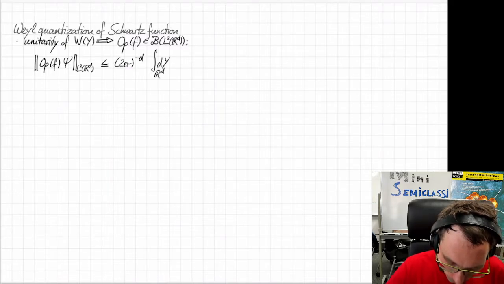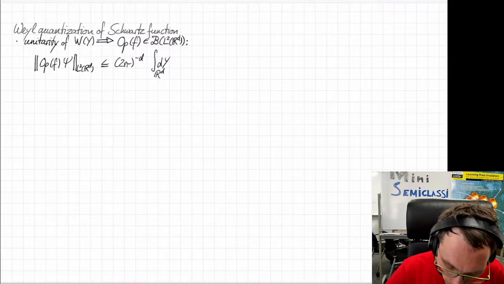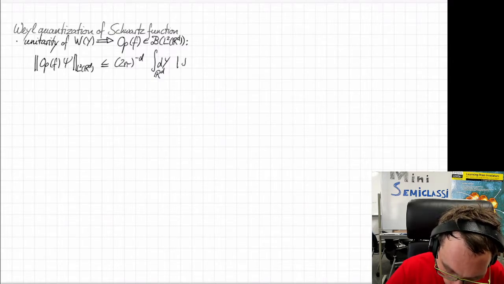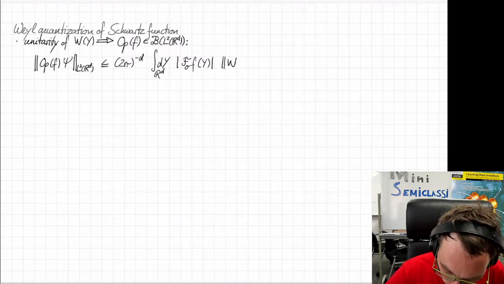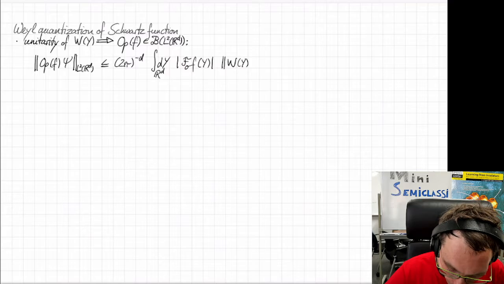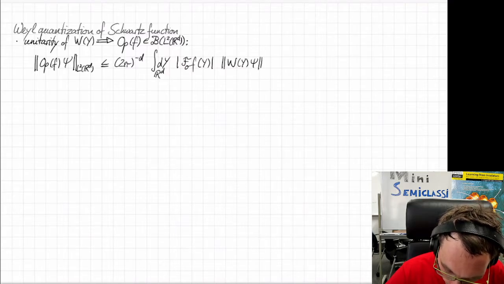Then I have the integral in y of the absolute value of the symplectic Fourier transform of f times the L2 norm of the Weyl system applied to psi.